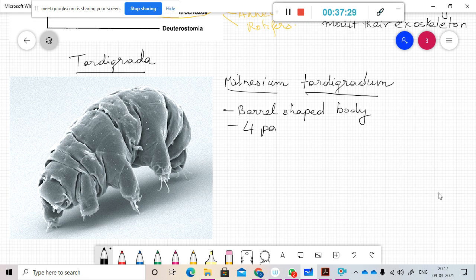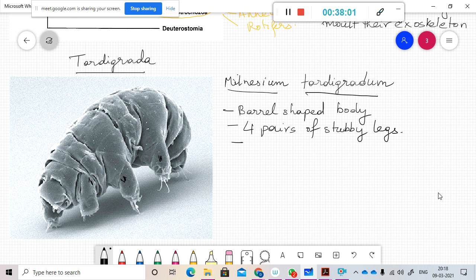Stubby, a little stubby, thick. Body has a head, three body segments each with a pair of legs, and a caudal segment with a pair of legs. First segment, second segment, third segment.